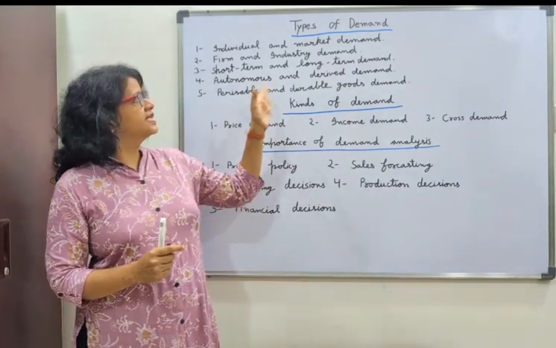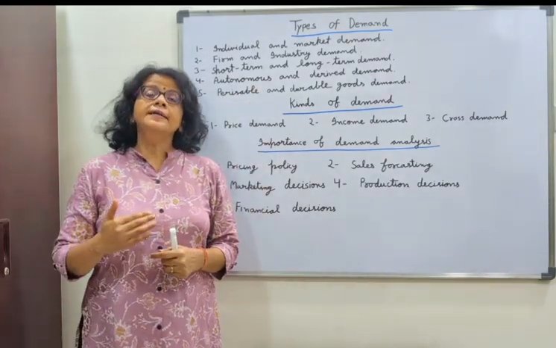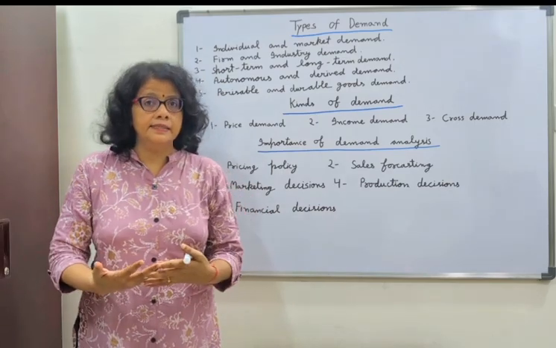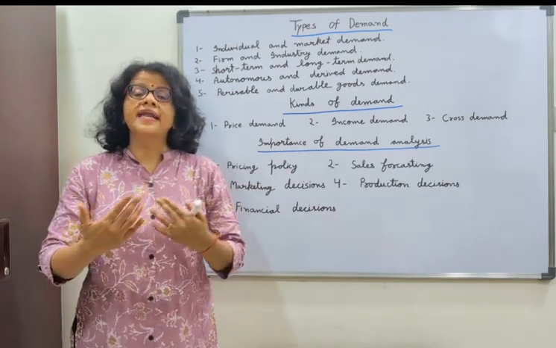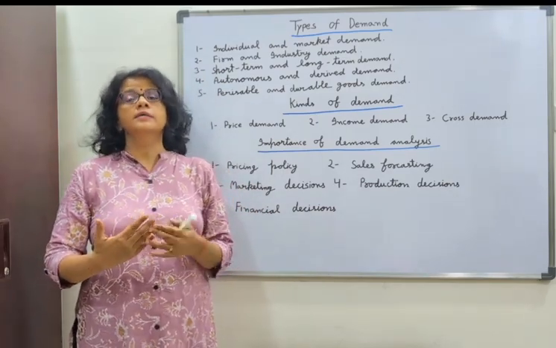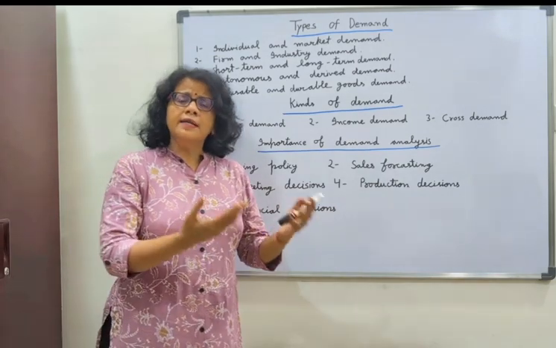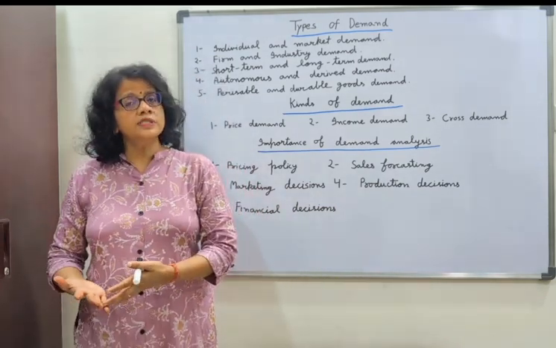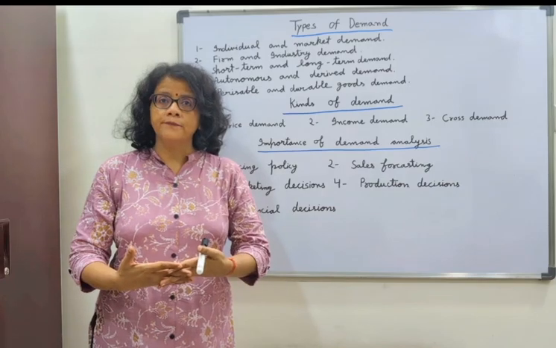For durable goods like fridge, AC, furniture, all these are demanded for a longer period of time. Next, autonomous and derived demand. When demand is independent, it is called direct demand or autonomous demand. For example, the demand for food, the demand for clothes is autonomous demand.